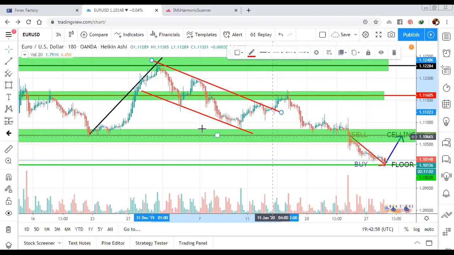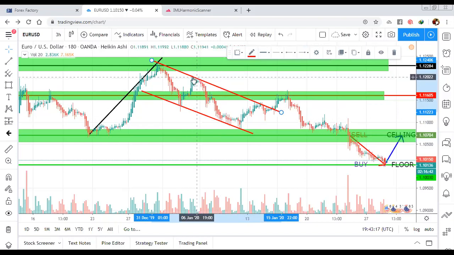Now, let's talk about the red lines first. As you can see, the market is consistently coming down. The market is coming down but it went back up before coming down.